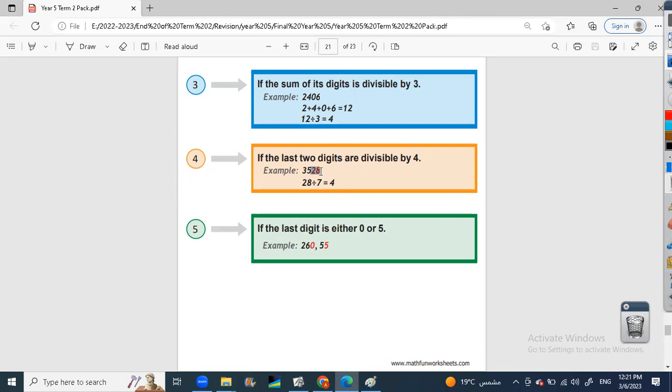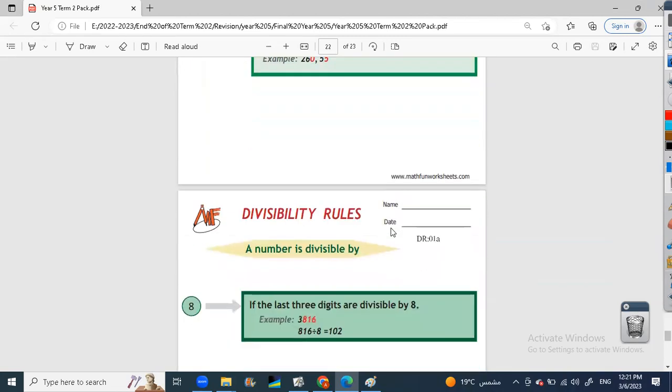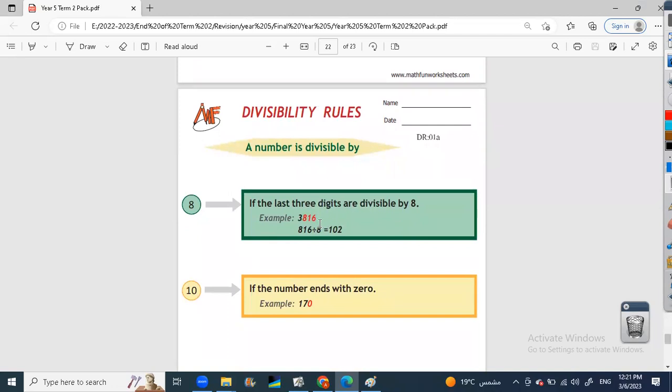But Mister, if it was, for example, a number like 91: if you divide 91 by 4, it will give you a remainder. So the number will not be divisible by 4. The same thing exactly with 8, but we check the last 3 digits. 816 divided by 8. How, Mister?